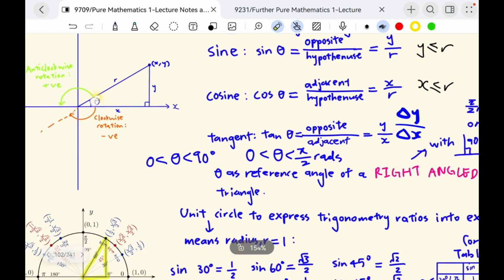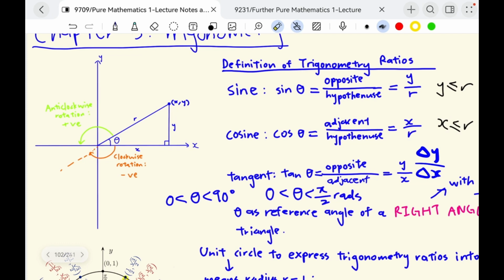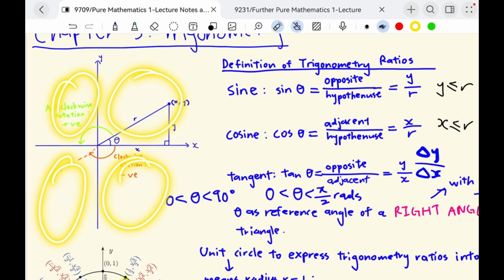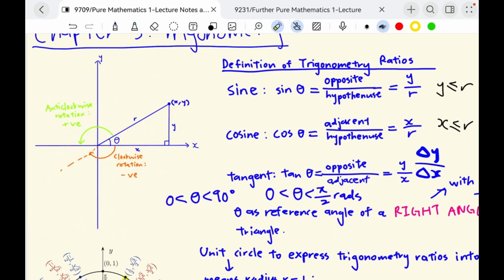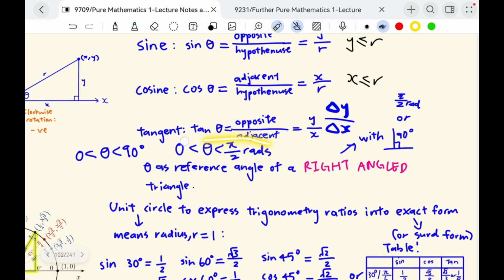Theta is the reference angle, which can only lie in the first quadrant, because the Cartesian plane consists of 4 quadrants, which you learned from chapter 3's coordinate geometry. In radians, it is from 0 to pi over 2. Theta is the reference angle in the right-angled triangle.